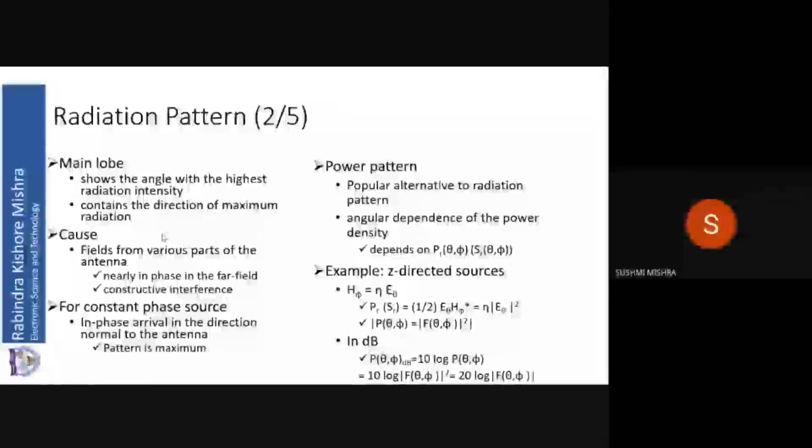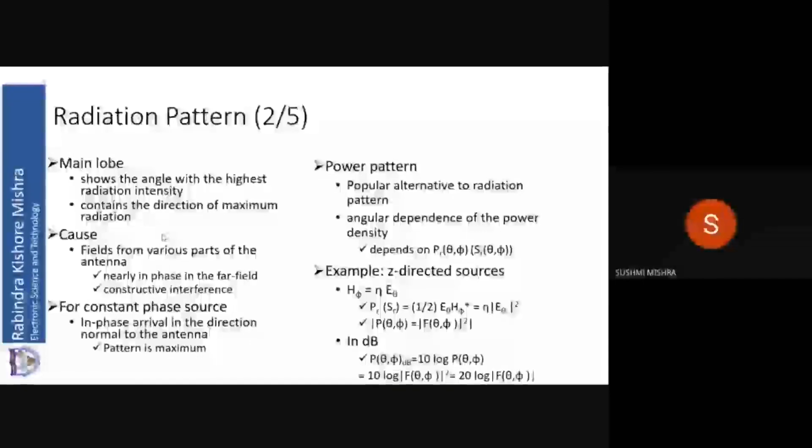In terms of dB, how do you find out dB for power? Take the logarithm of the power, multiply that by 10. So logarithm of the power gives you bel, multiply by 10 gives you decibel. dB is decibel. So 10 log P theta phi gives me power in dB.